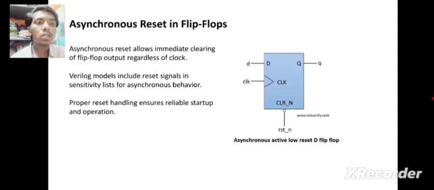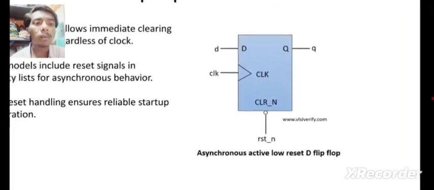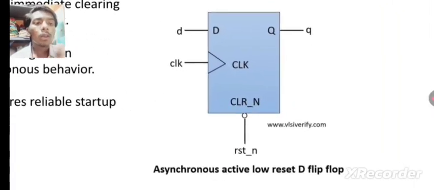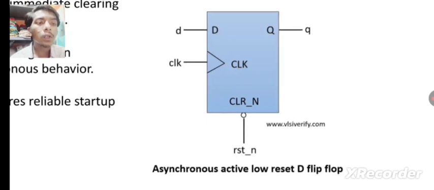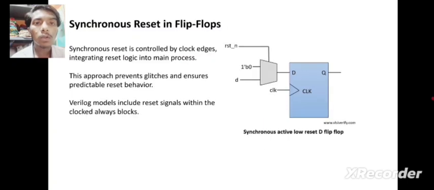So here is a block diagram of the asynchronous reset in flip-flops. Asynchronous active low reset D flip-flop. The inputs are D and the clock, and the output is Q. You can observe.